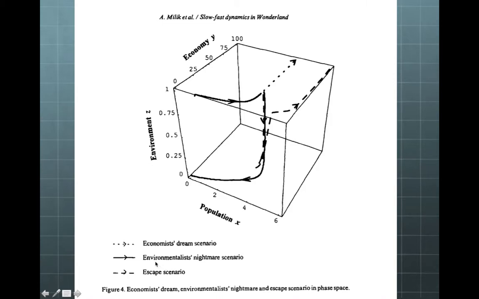If you look at the nightmare scenario, it starts there, and then the natural capital drops very sharply, and essentially drops to zero. And the escape scenario is one in which, towards the end, you're able to produce a lot without depleting too much nature, and population grows a lot more. So it's a nice way of representing these things, and I thought it'd be useful to show.